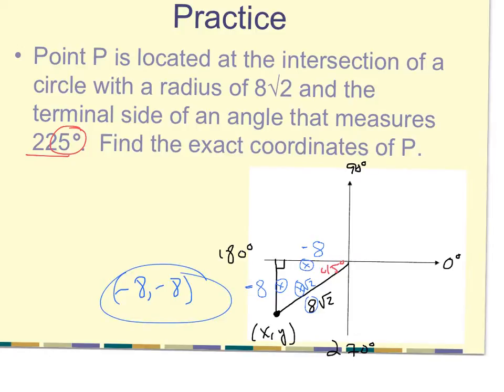And all I'm using is the ideas of our properties of 45, 45, 90s and 30, 60, 90s.